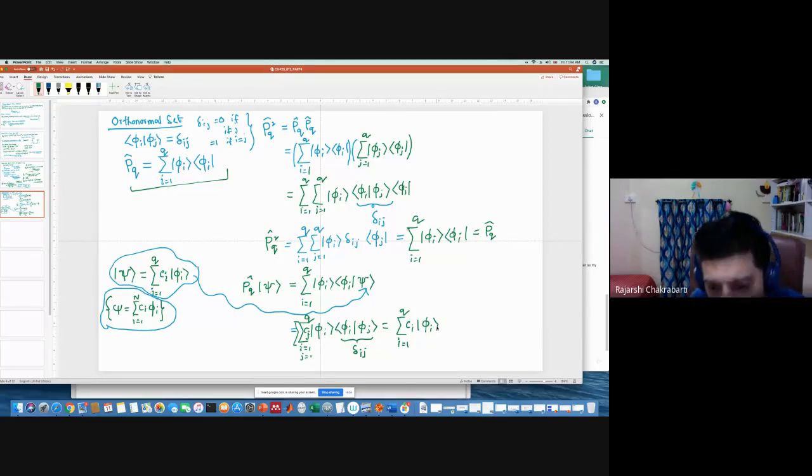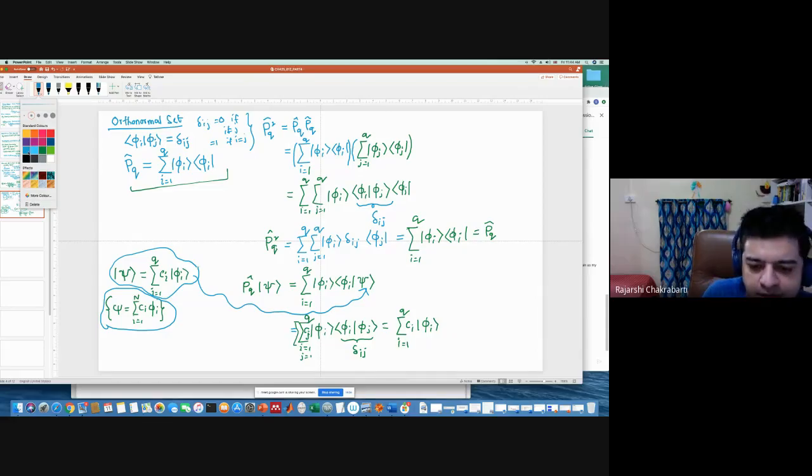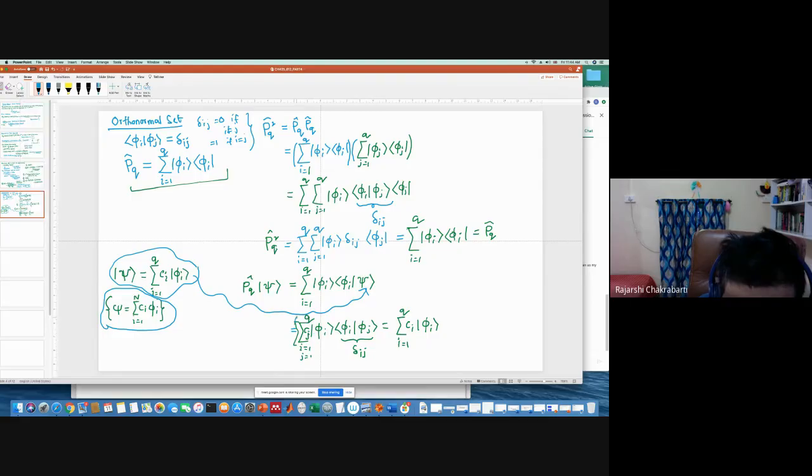But again, I can do one more thing. I can view this in a slightly different manner. Look at it very carefully. I take one sum which is over I, and take this part. Then essentially I have the sum over Cj phi j times this. I and j are dummy variables. This is another way of viewing.